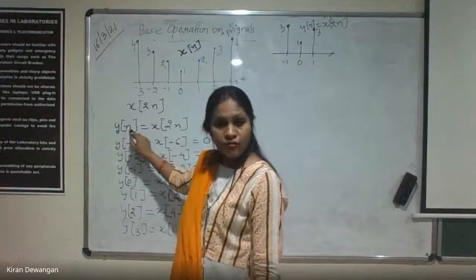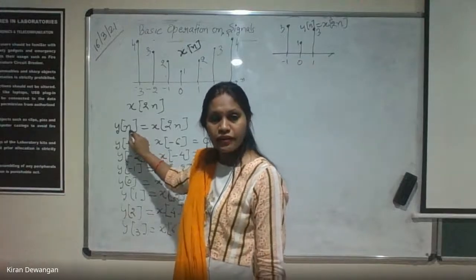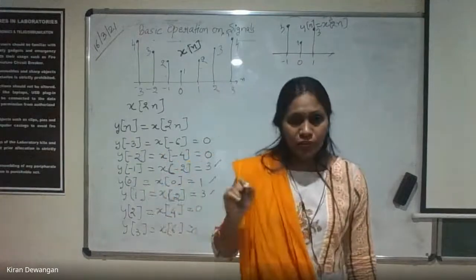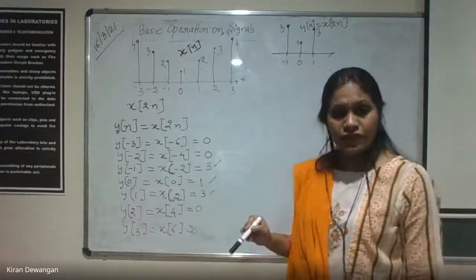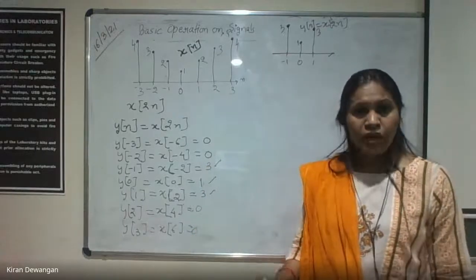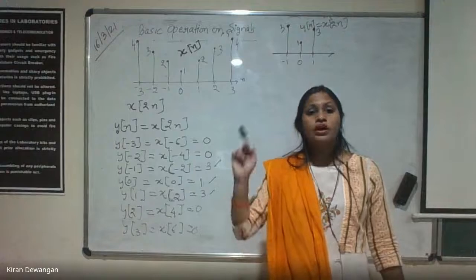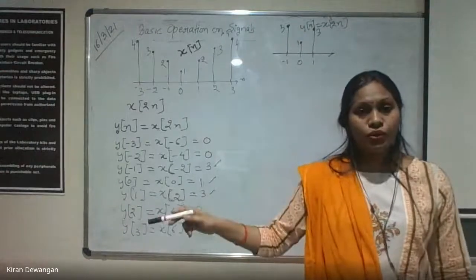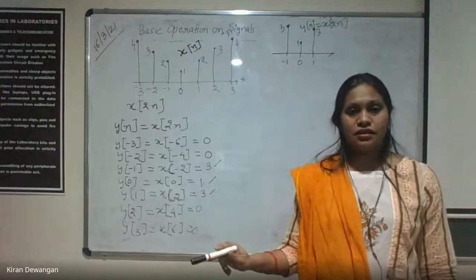And y of -3/2 would be this. And we need to remember one thing. In case of discrete, -3/2, -1/2, 1/2, 3/2 don't exist.